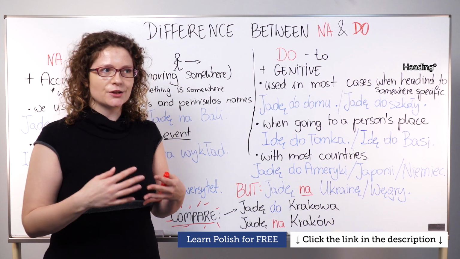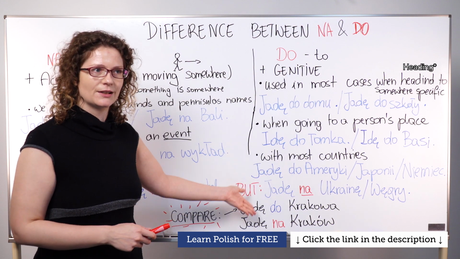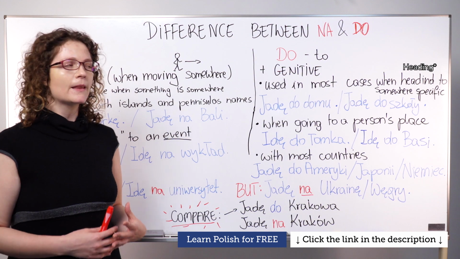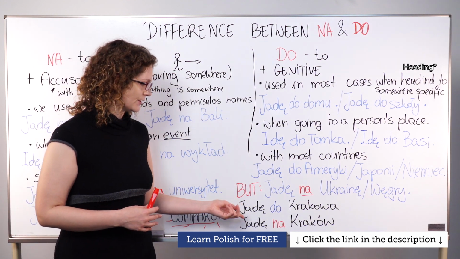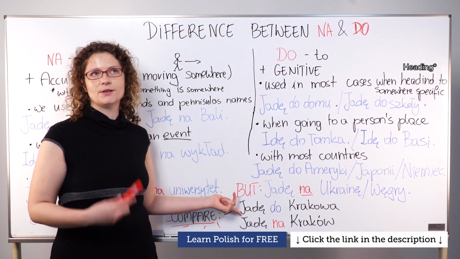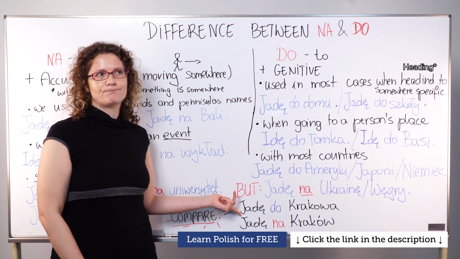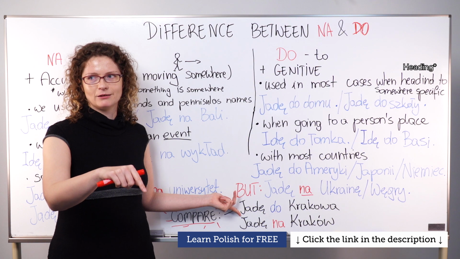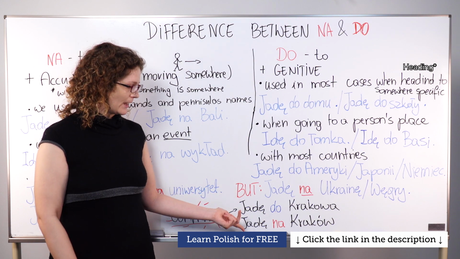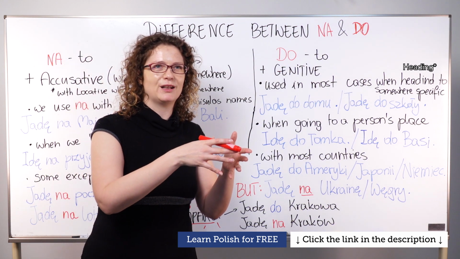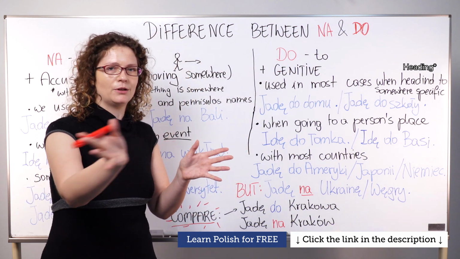In which case you actually can make two sentences like this to distinguish between those two meanings. Jadę do Krakowa means I'm going to Krakow, which means I will end up in Krakow, hopefully. But jadę na Kraków means I'm heading in that direction, but maybe I will not go there.